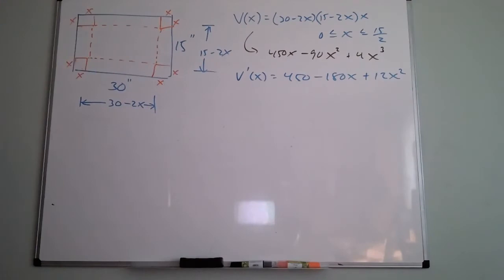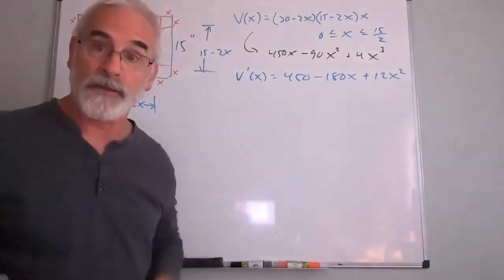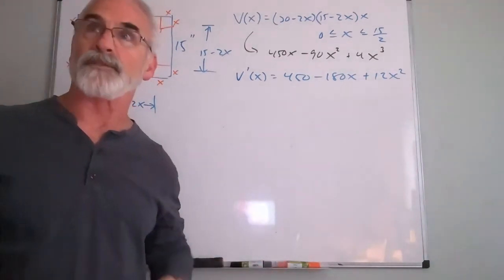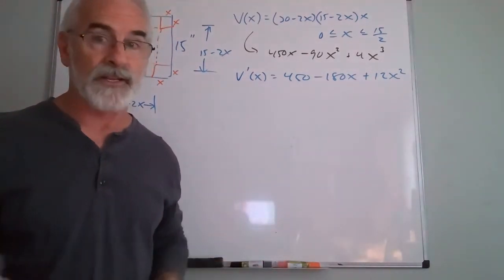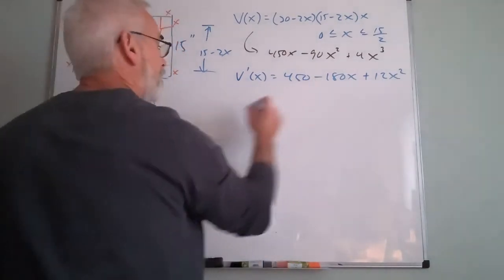Now from there, I need to know basically when is this zero? Now I can factor it, but it's doubtful that I'm going to get rational numbers. Probably going to get irrational, so trying to factor it might be a waste of time anyway. So let's go straight to quadratic formula.